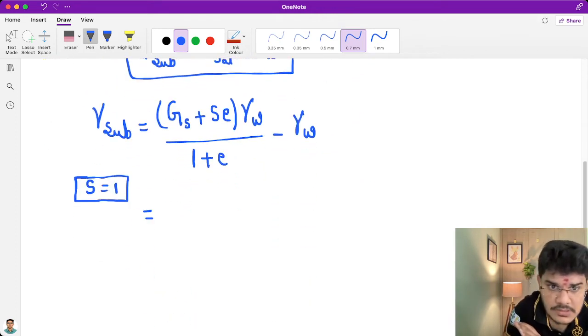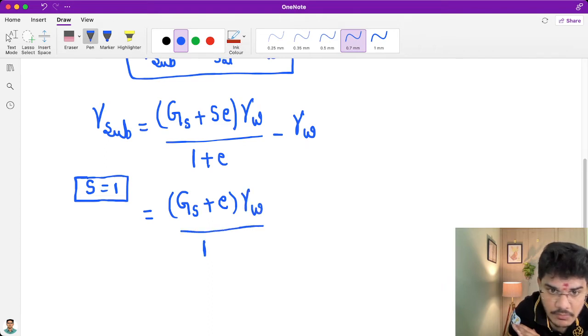So if you use the same thing here, then it will become G plus S, with S equal to 1, so G plus e into gamma W divided by 1 plus e, minus gamma W.